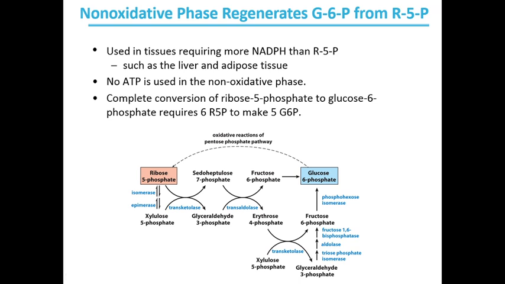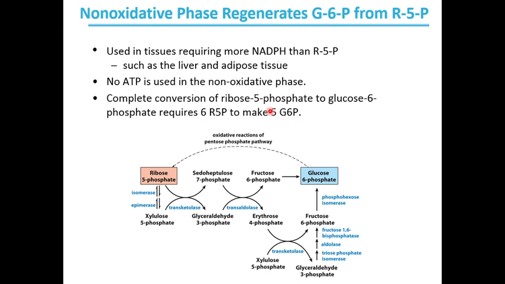The non-oxidative phase regenerates glucose-6 phosphate from ribose-5-phosphate, and it is used in tissues requiring more NADPH than ribose-5-phosphate, such as liver and adipose tissues. No ATP is used in the non-oxidative phase.